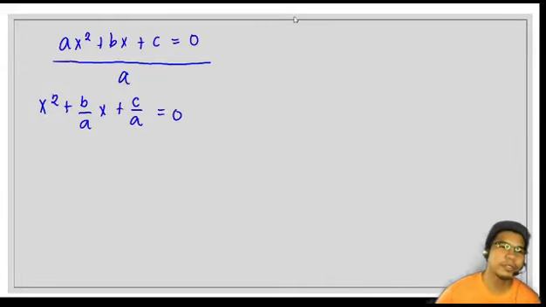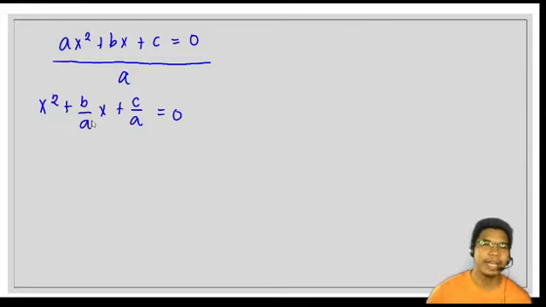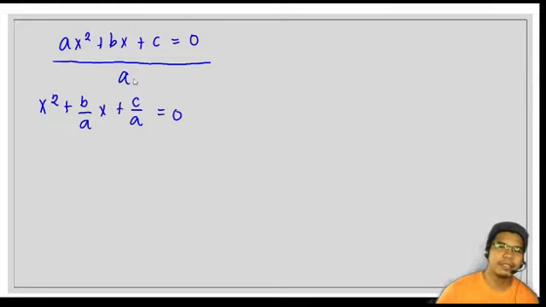So, kung mapapansin nyo, yung a divided by a is 1. So, x squared na lang siya. So, hindi naman natin pwede divide ang b sa a. So, as is siya as fraction. So, b over a x plus the same with c divided by a. So, that is plus c over a equal to 0. So, kung matatandaan natin, ito yung first step sa ating completing the square.